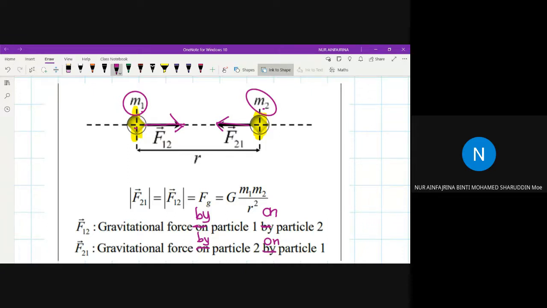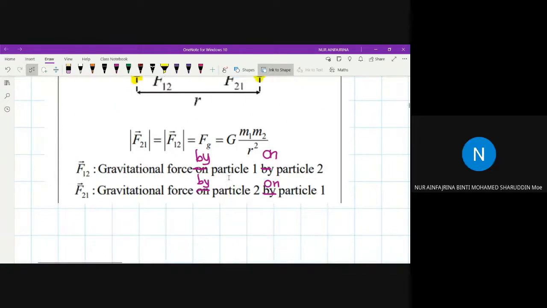Alright, this one is nothing much. Awak cuma kena tahu force dari siapa kepada siapa. Dia attractive, so dia attract kepada siapa? Contohnya mass 1 ini akan attract kepada mass 2. Alright, okay, boleh? Kids, are you guys okay? So may I proceed? Yes, Miss. Okay, I proceed ya.